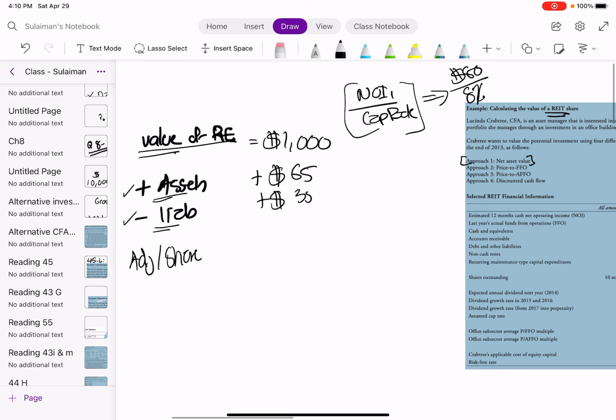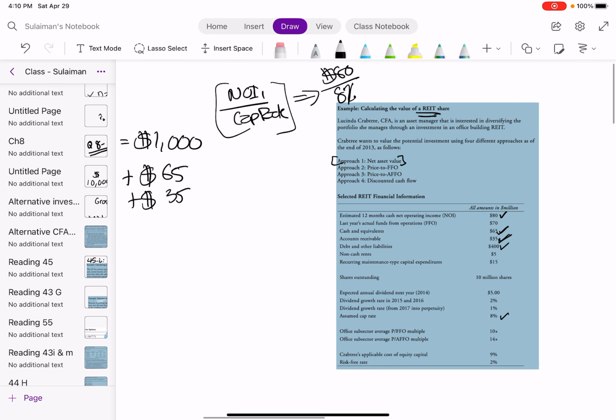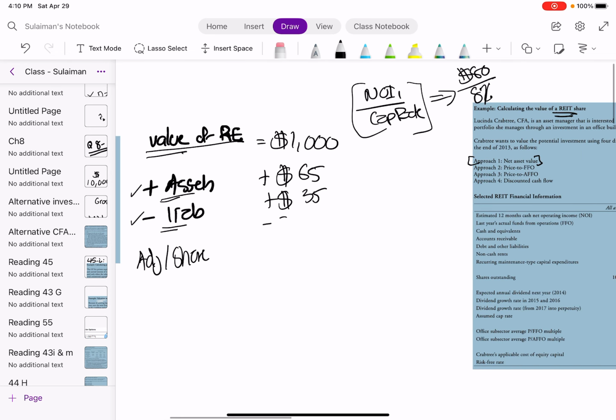Another 35 million. And we want to remove the liabilities. How much are the liabilities? 400 million. So what is the total value of this REIT as a whole? 1,000 plus 65 plus 35 minus 400, and you reach a number of $700 million.